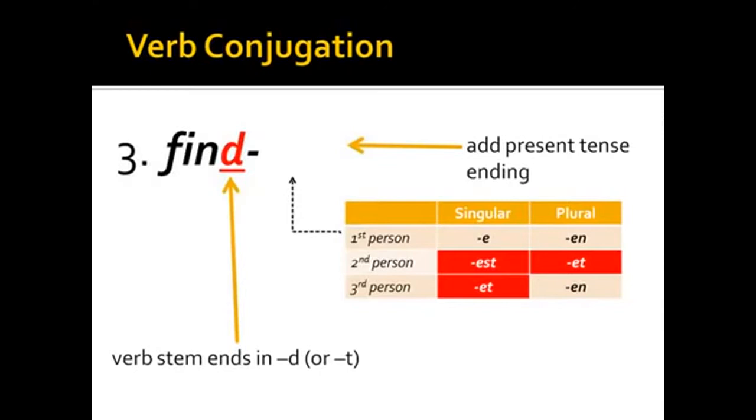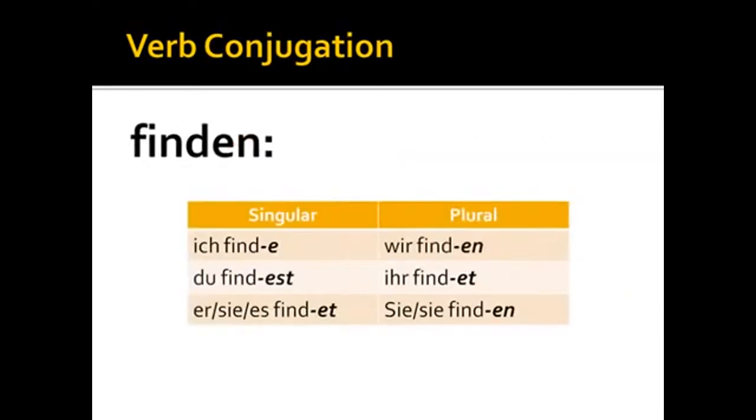So if the verb stem ends in a D or ends in a T, what I want to do in the second and third person singular, and the second person plural, the things marked in red on the screen, is insert an extra E between the verbal stem and the verbal ending. So what I get is ich finde, which is normal, du findest, which is changed.